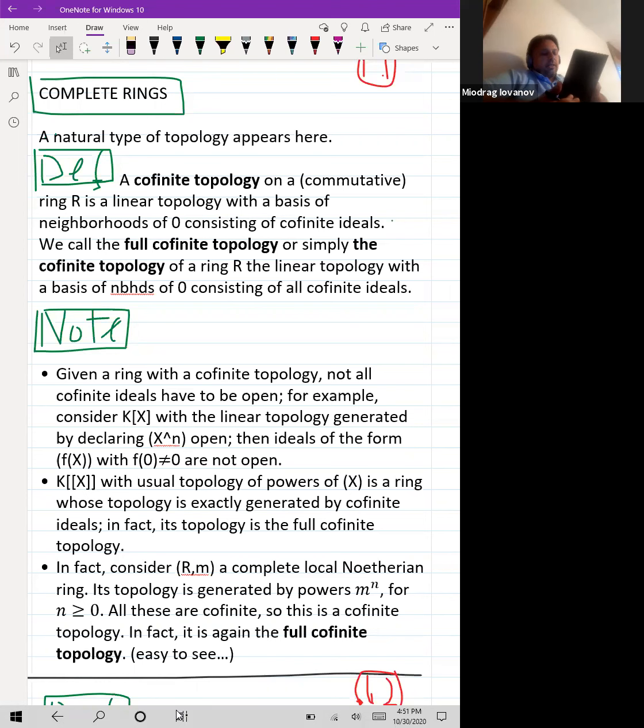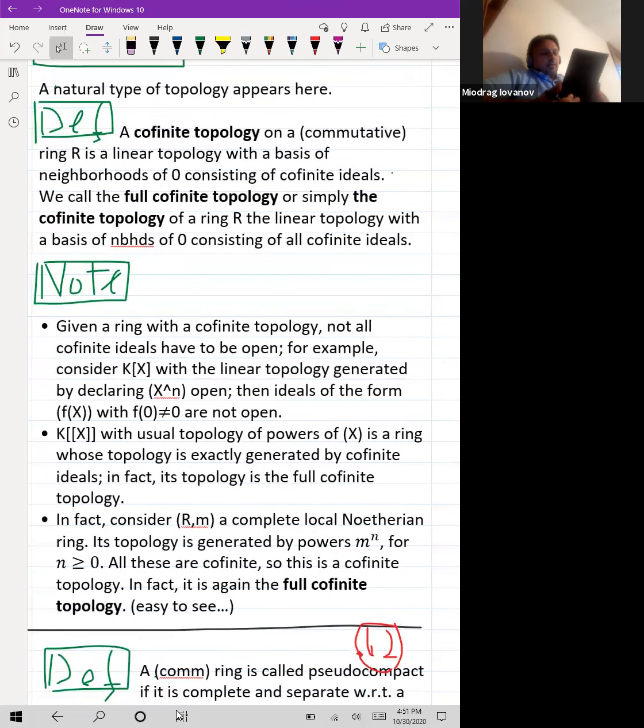And just classical examples: if you take the ring of polynomials and you declare x to the n open, then of course not all ideals are going to be open. For example, ideals generated by a polynomial which is not divisible by x are not going to be open ideals.